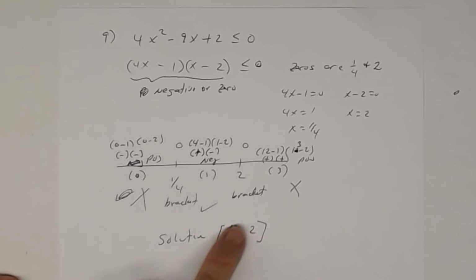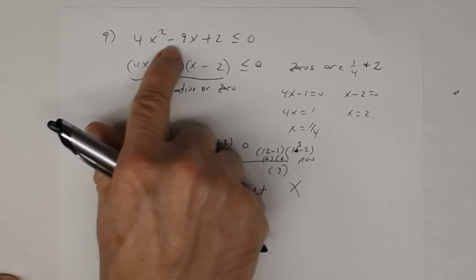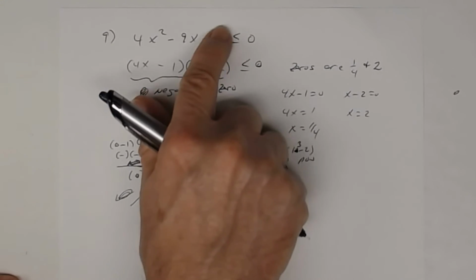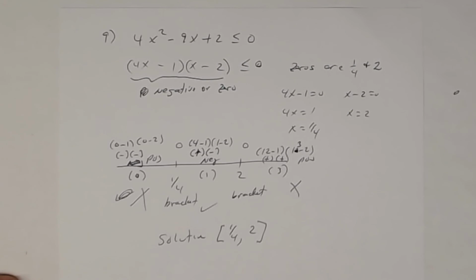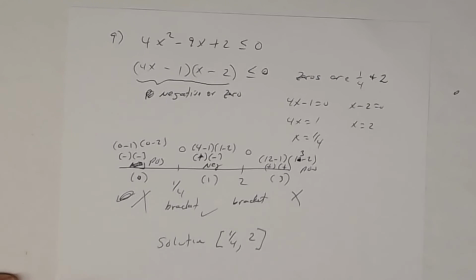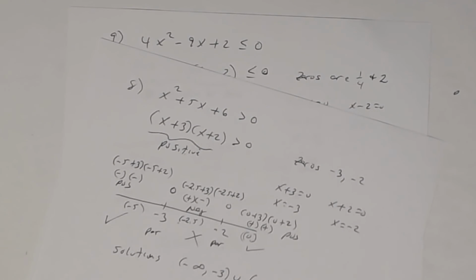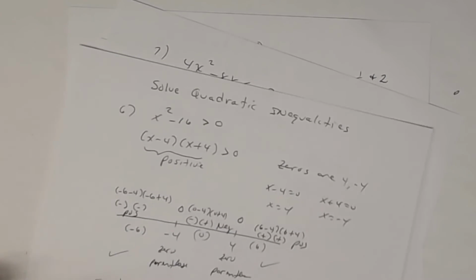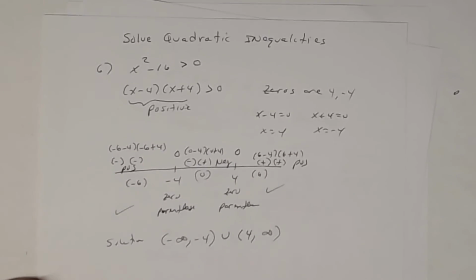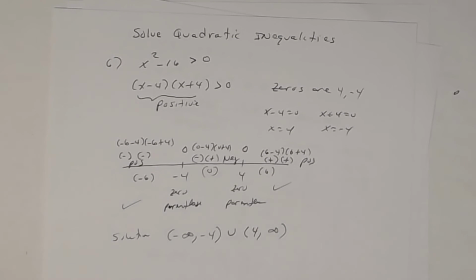Okay, so any real number that's in here will make this inequality a negative number or 0. And so that is the 4 problems, the extra 4 problems on solving quadratic inequalities.